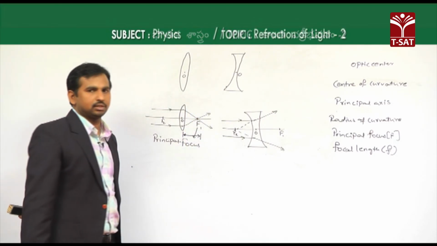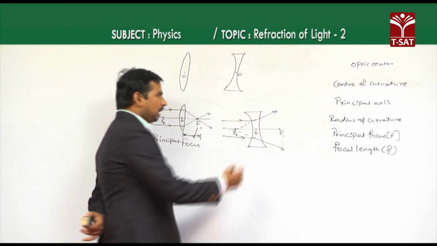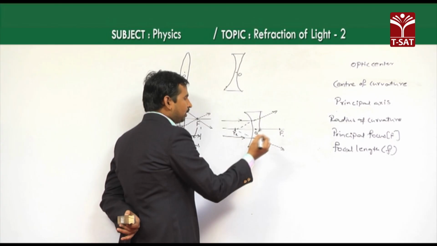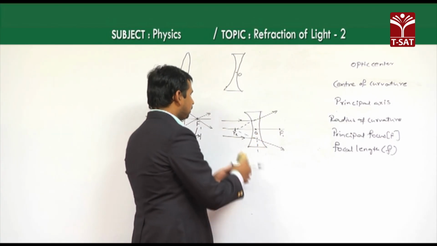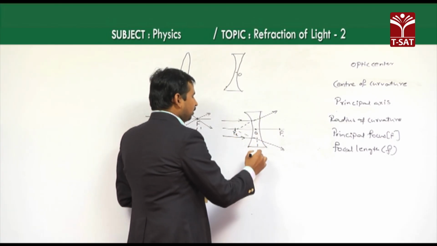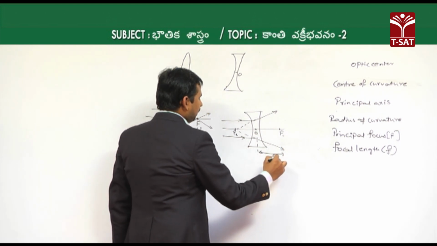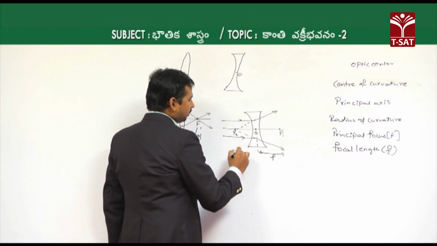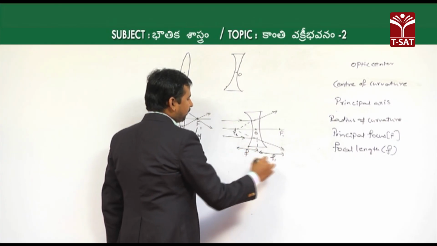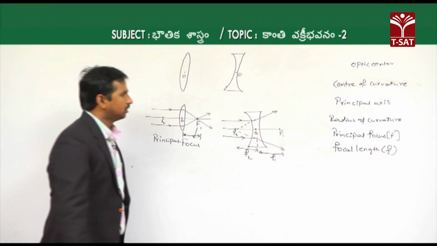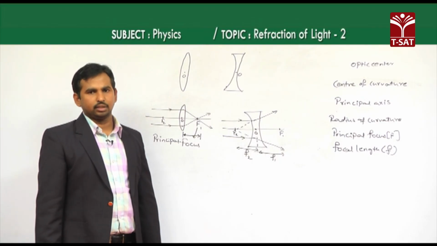This we call the focal length. And for the case of the concave lens, this is actually from here to here like this. This is focal length f. You can also take this one as f. This is for F1, this is for F2, that is the focal length here.